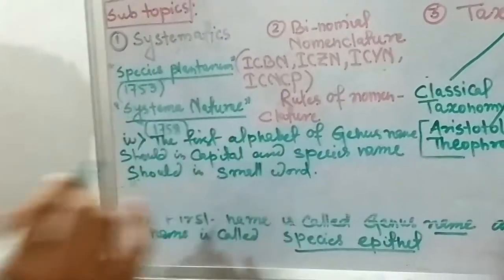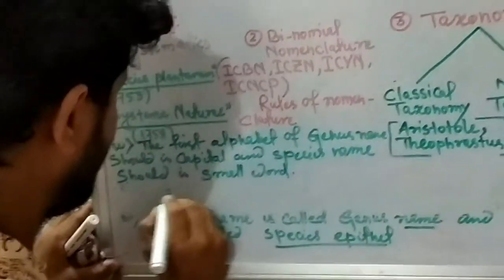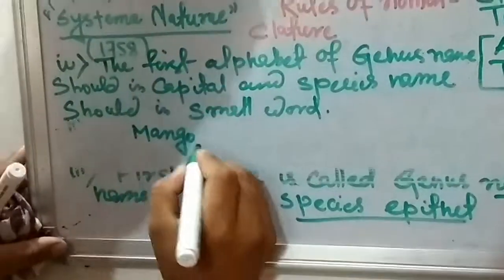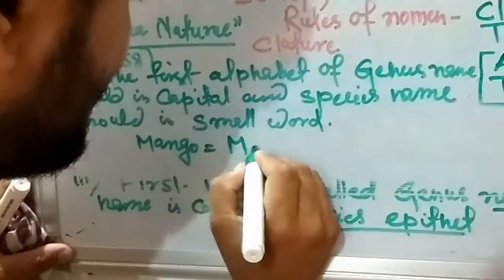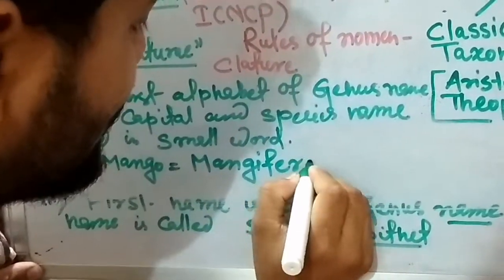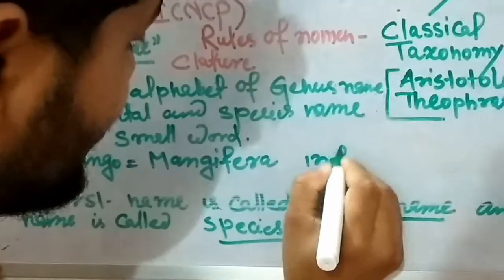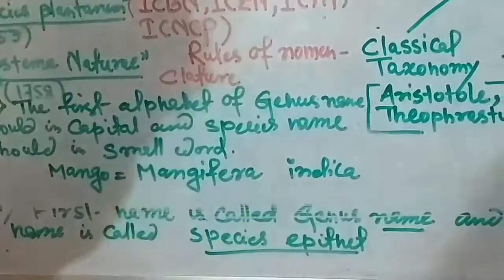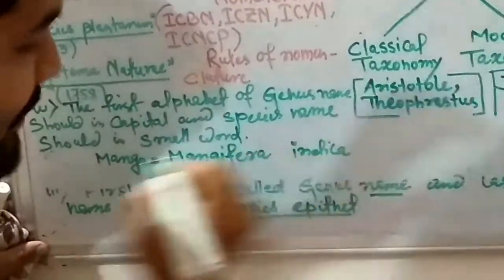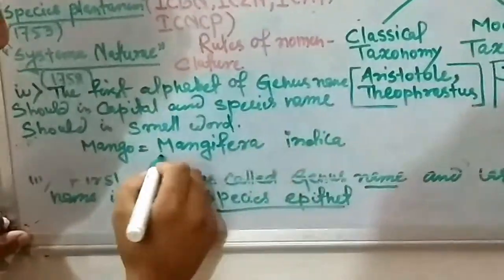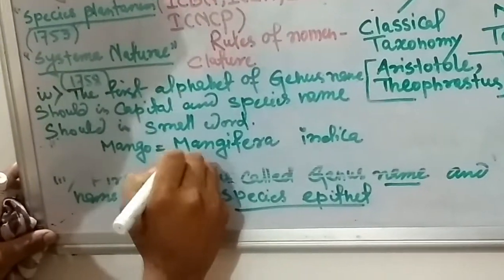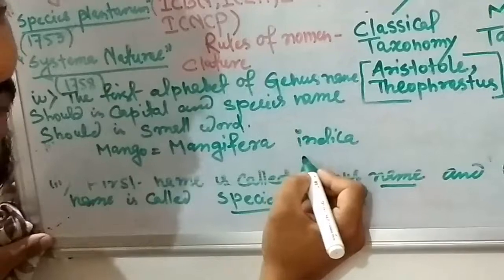Now let's take one example, like mango. What is its scientific name? Mangifera indica. As you can see, Mangifera is the genus name and indica is the species epithet. Mangifera's first alphabet M is written in capital, whereas indica's i is in small.